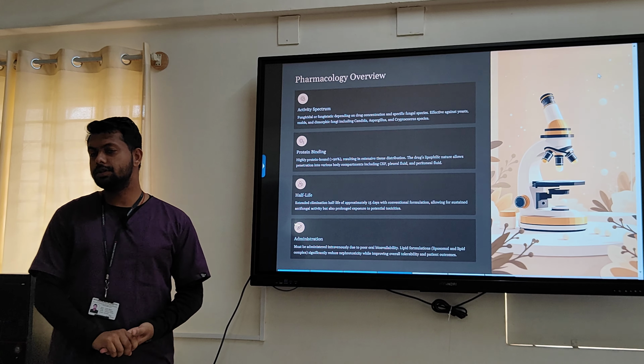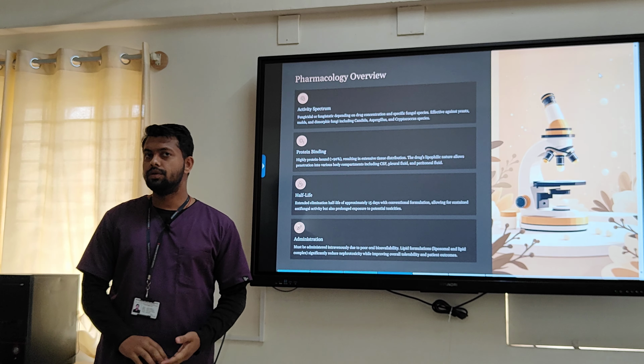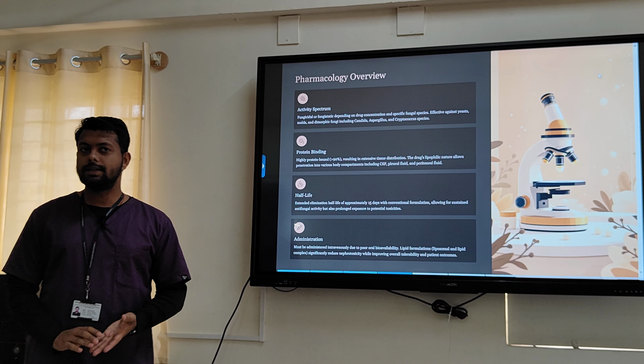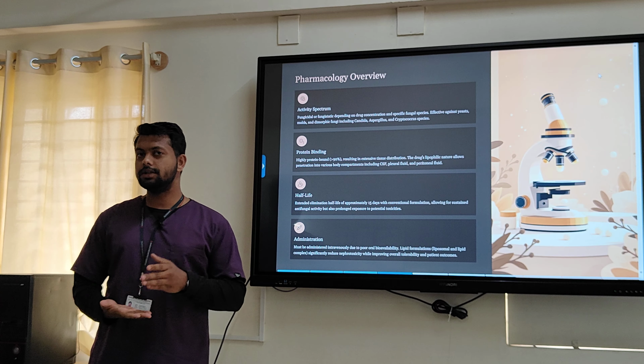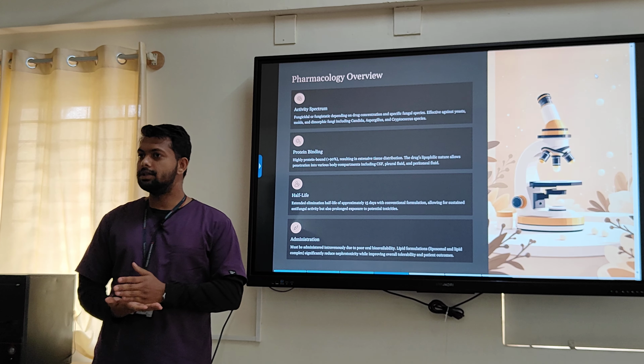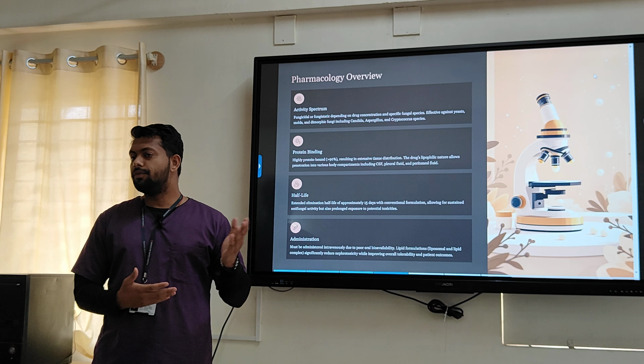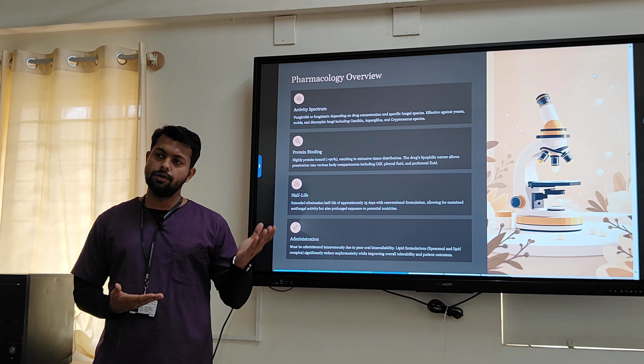For the conventional form, the dose is 0.5 to 1.3 mg per kg per day. Basically it should not exceed 1 mg per kg per day, but sometimes for CNS infection it goes up to 1.3.